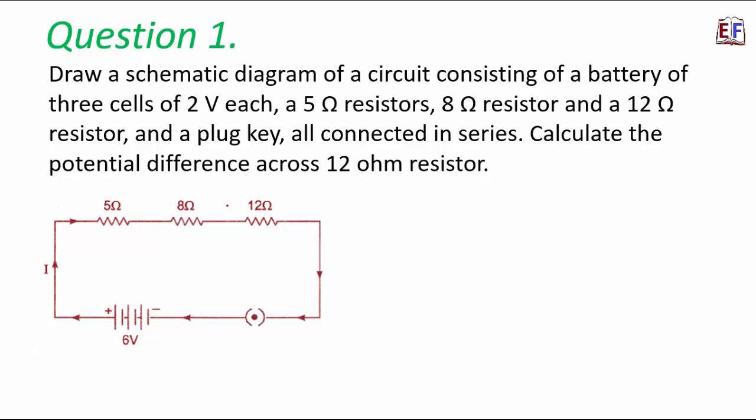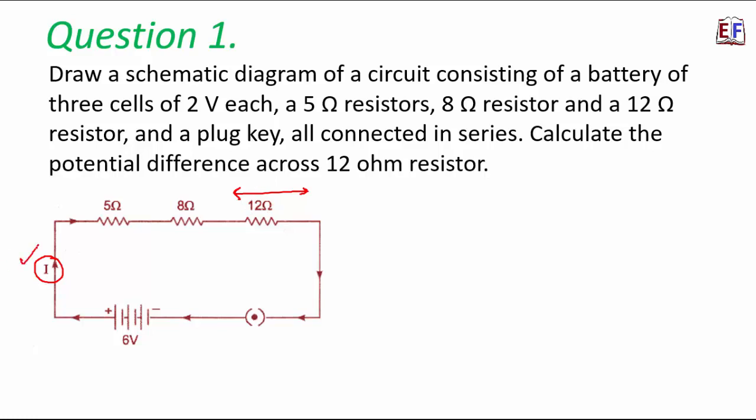Now we have to calculate the potential difference across this particular resistor. Now, since these three resistors are in series, the amount of current I flowing through each one of them would be the same. If we know how much current is flowing across this 12 ohm resistor, and we already know that the resistance is 12 ohm, we can easily calculate the value of potential difference, right?